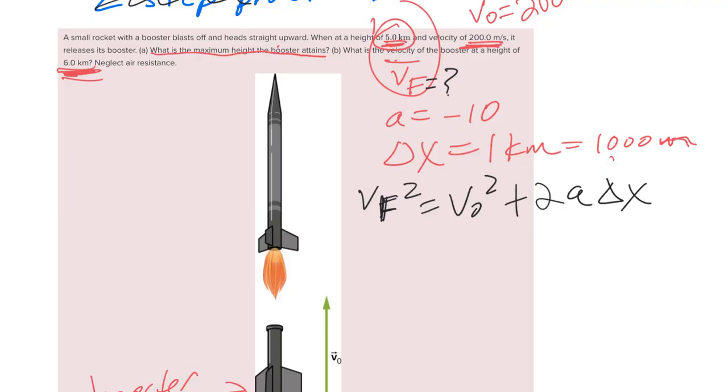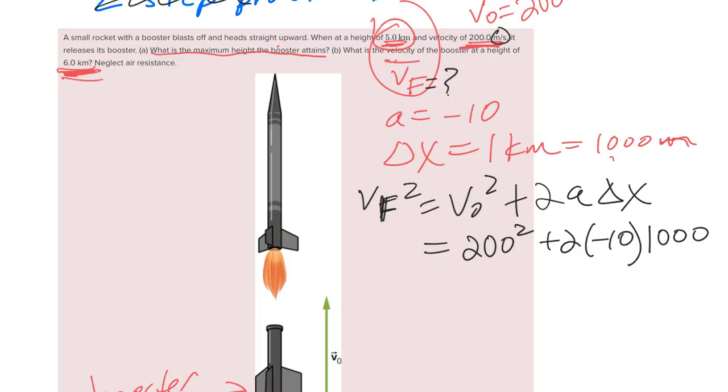So Vo squared is 200 squared. It's meters per second, so I don't have to convert that. 2 times -10, because there's no other force acting on the booster when it's released except its weight. And then 1 kilometer, 1,000 meters.